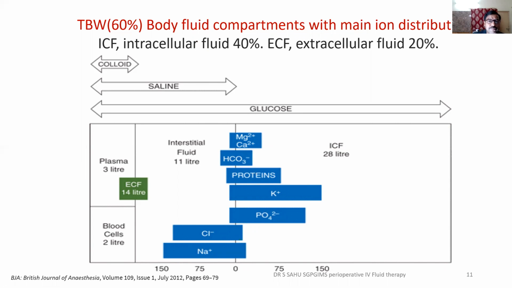This compartment is very important, because whatever losses occur, they occur in the extracellular space. Our aim is to replenish this extracellular space. The losses occur first at the plasma level, followed by the interstitial fluid. Potassium is more intracellular, and extracellular is the sodium ions.